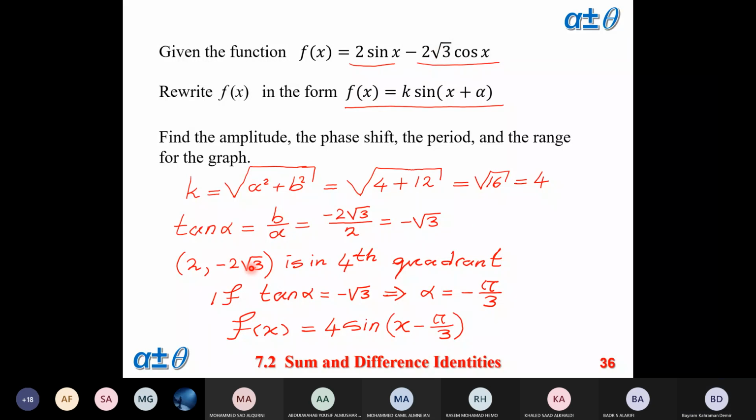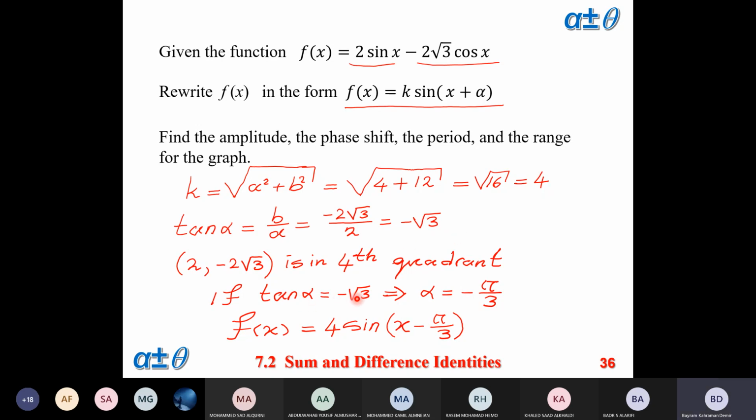Now, this is a point on the terminal side. This point is in the fourth quadrant, right? First is positive, second is negative. x is positive, y is negative, so it is in the fourth quadrant. So tangent of alpha is b over a, which is equal to negative root 3.